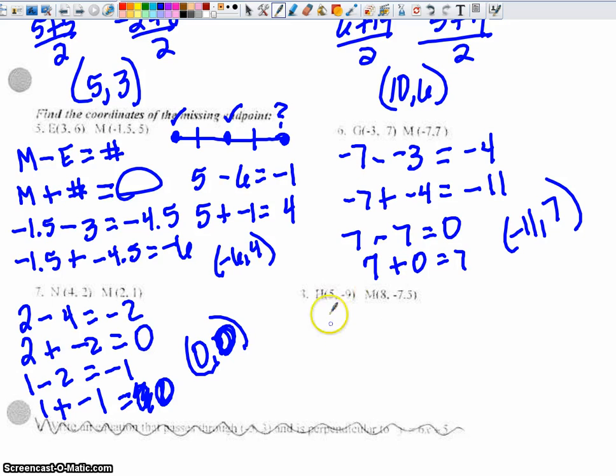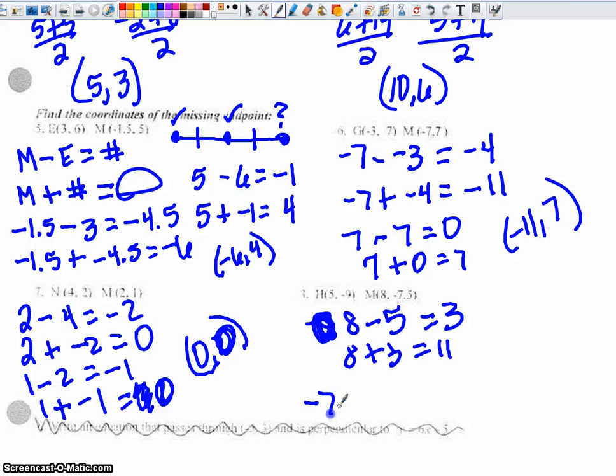Everybody can make mistakes. Negative 7, let's see, okay, let's start all over on this one. Going with x, 8 minus 5 equals 3. So 8 plus 3 equals 11. And then we do the y, negative 7.5 minus negative 9.